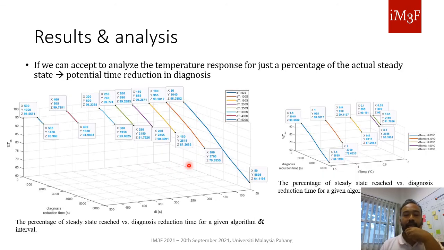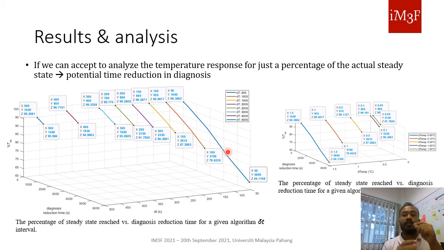Another thing that would be interesting to do is that if you can accept to analyze the temperature response for just a percentage of the actual steady state, we can have a potential time reduction in diagnosis. What it means is that instead of measuring up to 100% of steady state temperature, why don't we measure only up to a certain percentage, so that we save time in measurement.